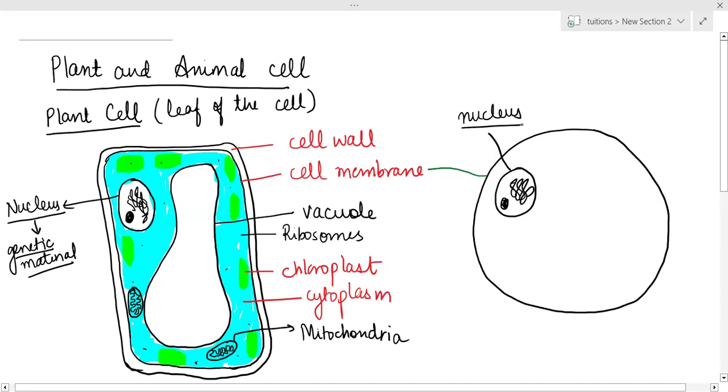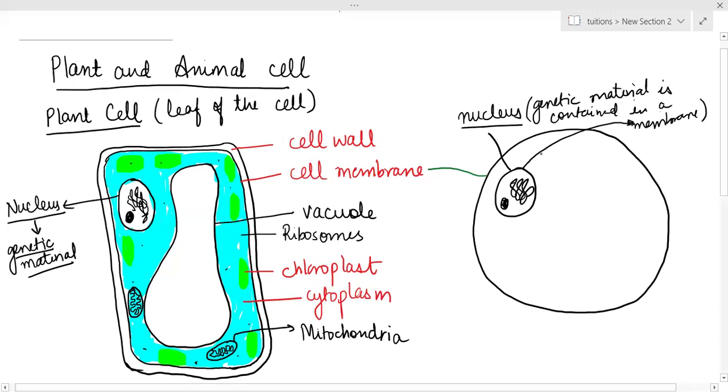I hope you remember from the last session that both plant and animal cells belong to eukaryotic cells because they have a well-defined nucleus. Well-defined nucleus means that the genetic material is contained in a membrane, the nuclear membrane. I'm referring to just the covering.